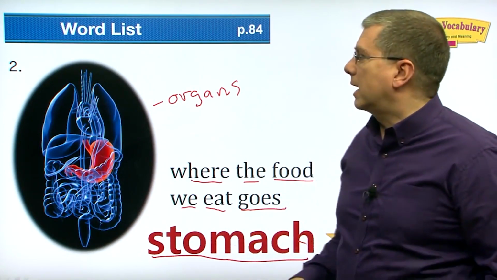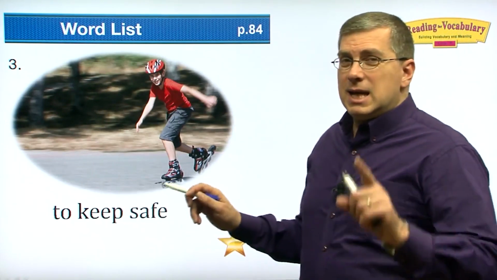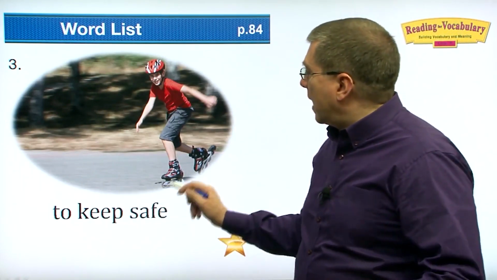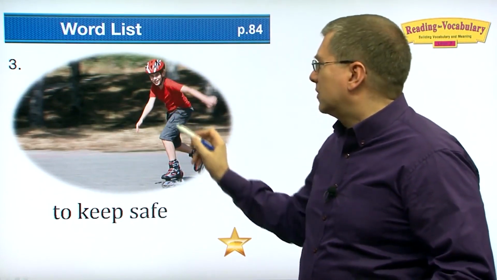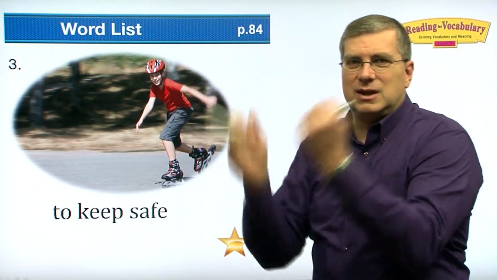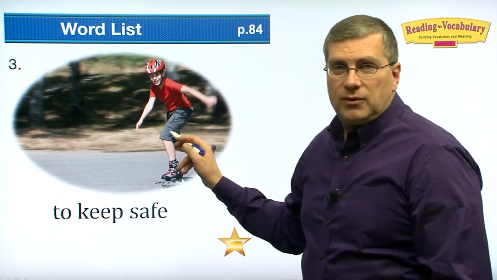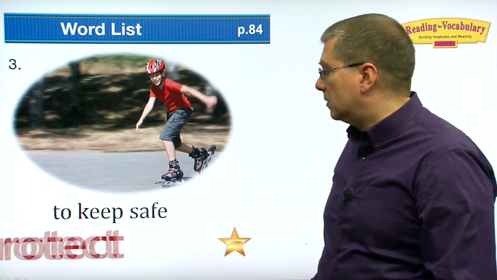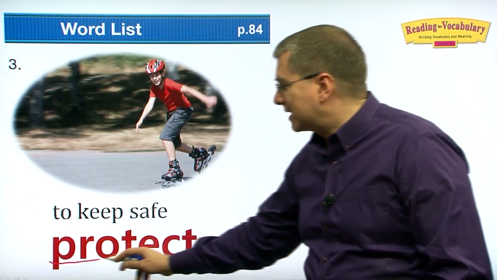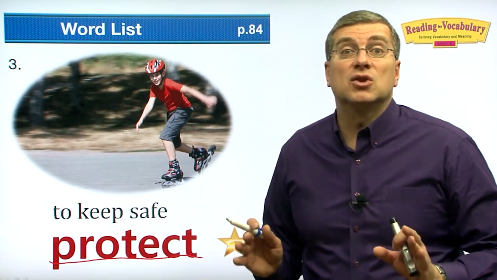Okay, number 3. This boy's having fun, but he is keeping safe. How? Because he has a helmet on. Of course, he should probably wear pads on his elbows and knees, but be careful, wear a helmet, keep safe. What is he doing? He is protecting his body. So when you're playing, protect yourself.